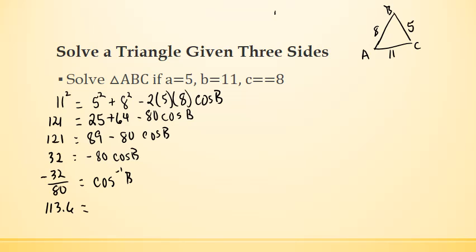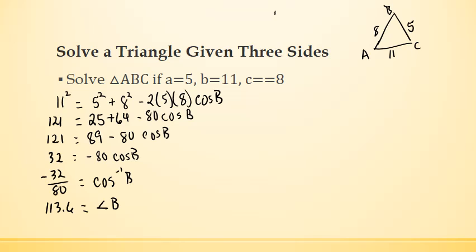of 113.6 equals angle B. Now we find the measure of the largest angle first to make sure that the other two angles are going to be acute, so that we can now solve for angles A and C using the law of sines, which is a little bit easier calculation.